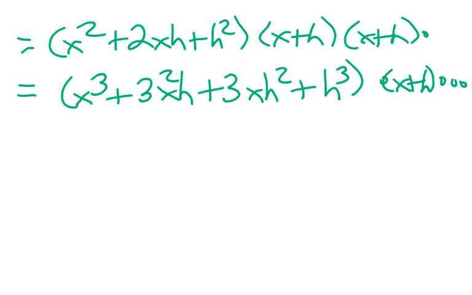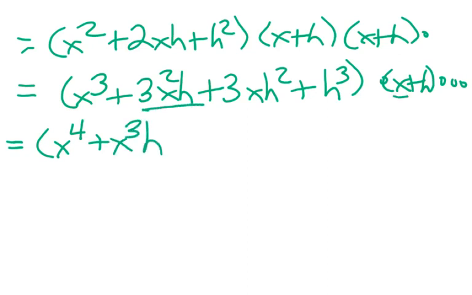So what happens when we do a fourth one? So we're going to get x to the 4. That's x cubed times this x. Then x cubed is going to get multiplied by h. And so we're going to get plus x cubed times h.